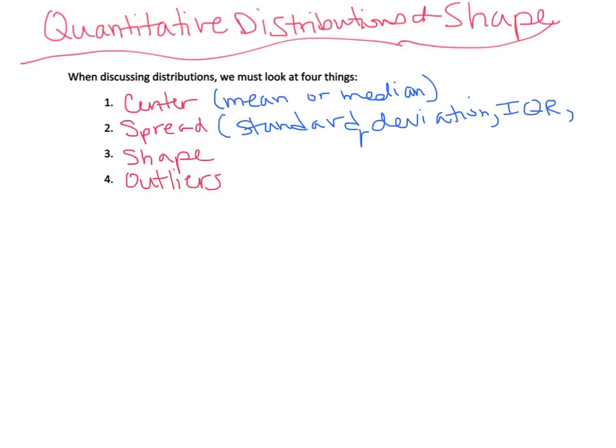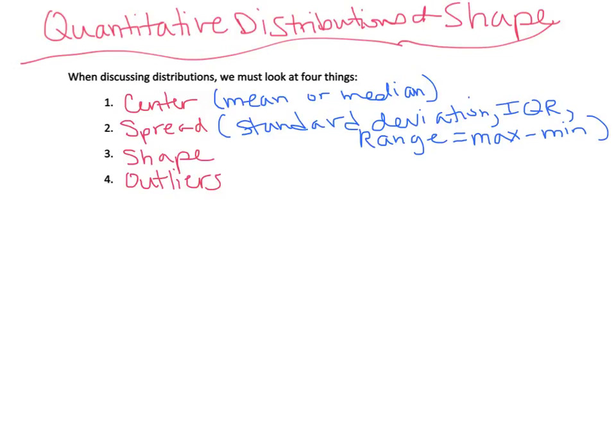The last one you'll sometimes see is the range, which I think you probably have seen before, maybe even back in elementary school. It's going to be your maximum minus minimum value. But that one you see less often than the previous two. The next thing we're going to talk about is shape, and we're going to look at that one in just a minute.